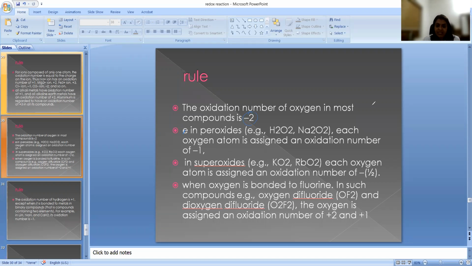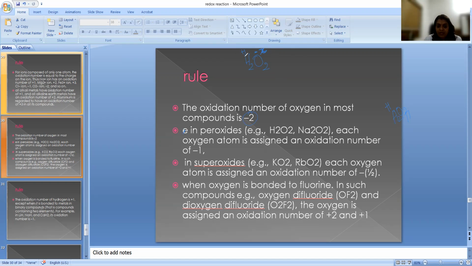Let us see that. If you are taking H2O2, hydrogen is +1 oxidation number. How will we understand the oxidation number? Hydrogen is +1, and we don't know the oxidation number of oxygen, so we put X here.